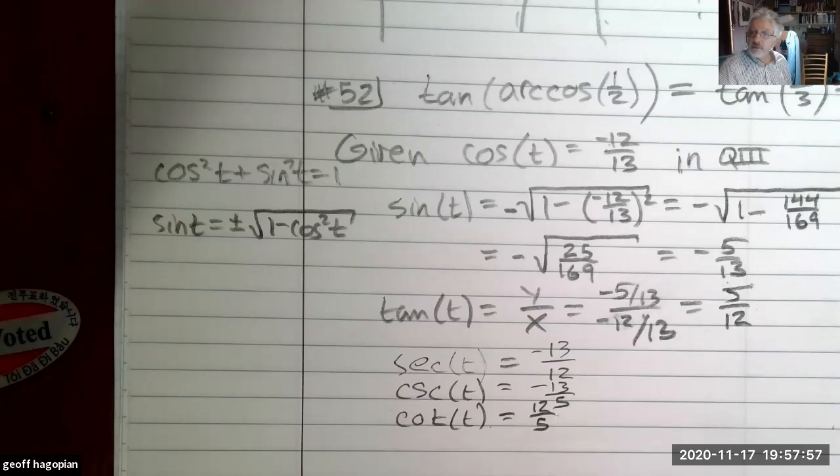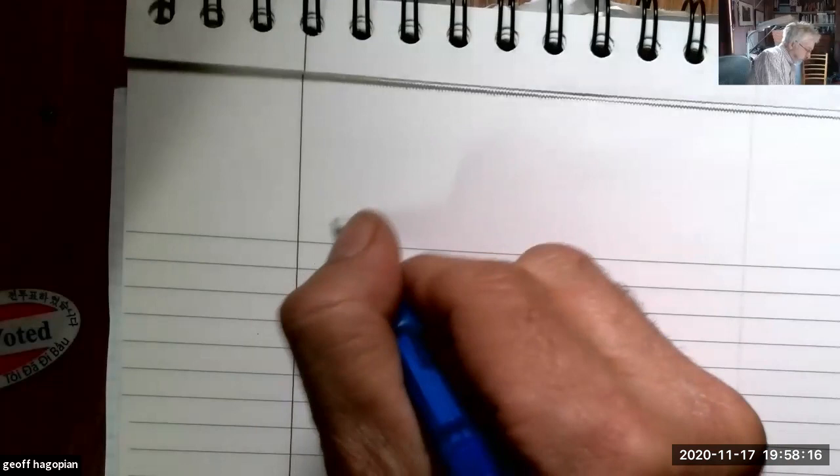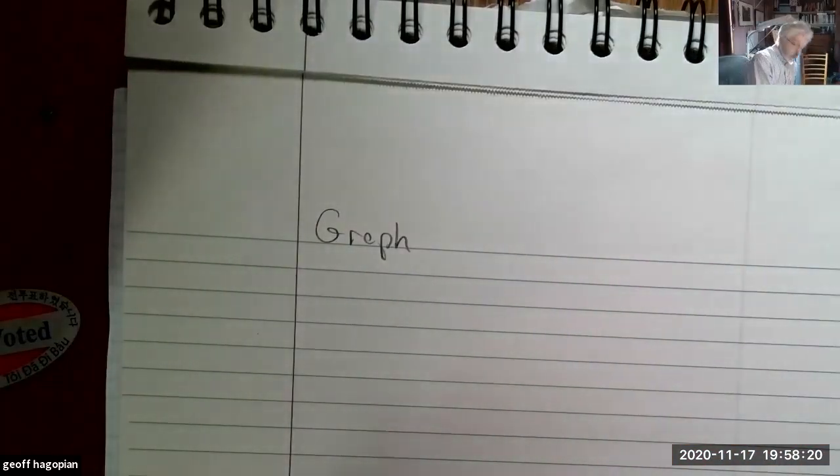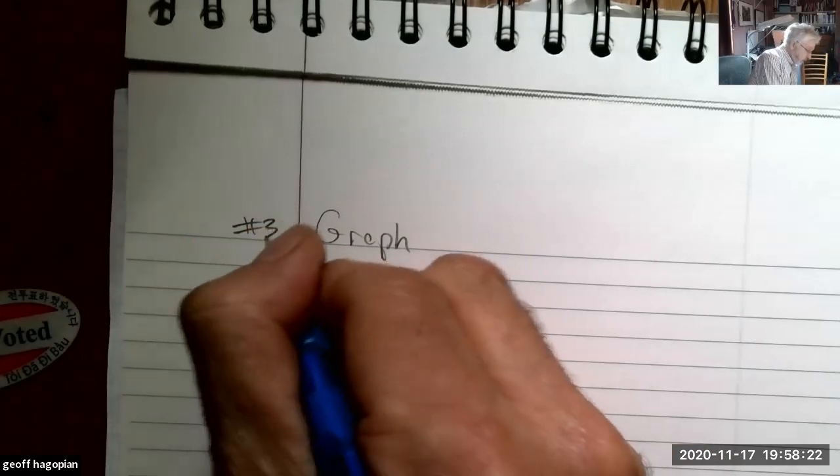Horizontal shifts. So what if you were asked to graph y equals 10 times the sine of 2x minus pi over 2? This is actually number 36 in the review section.